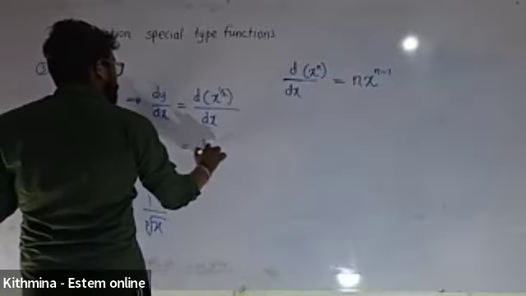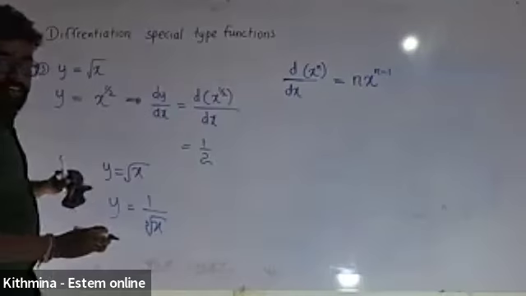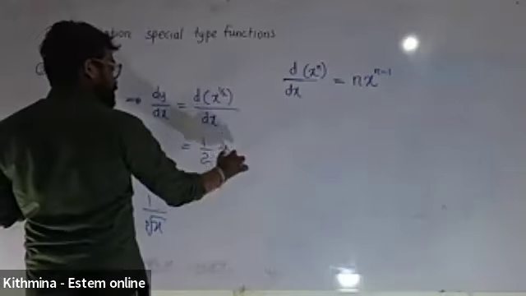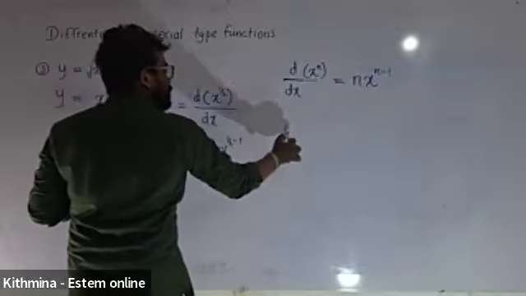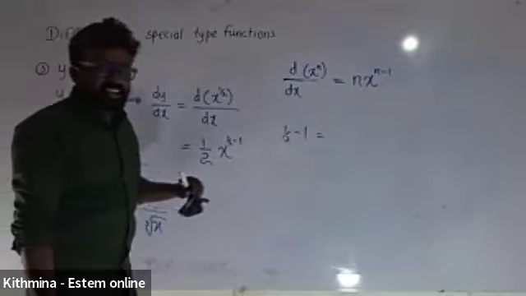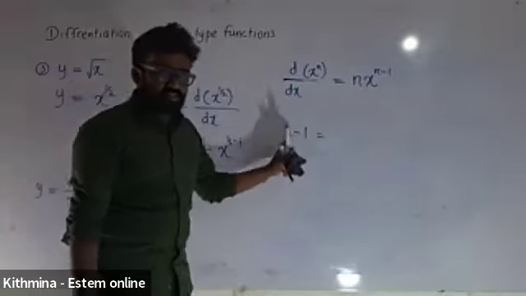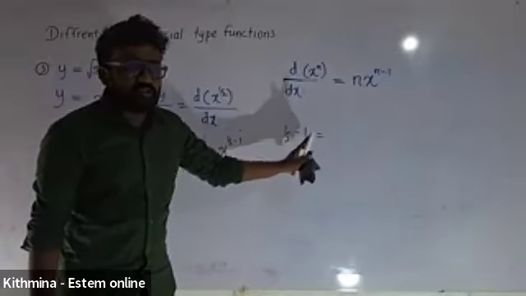Now get this half in front of x. Put x to the power half minus 1. What's the value of half minus 1? Directly say it. Don't simplify like these things.